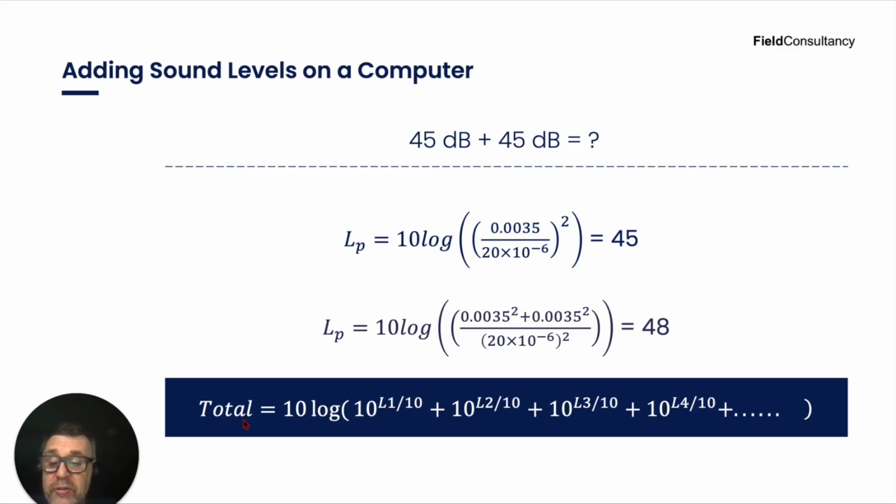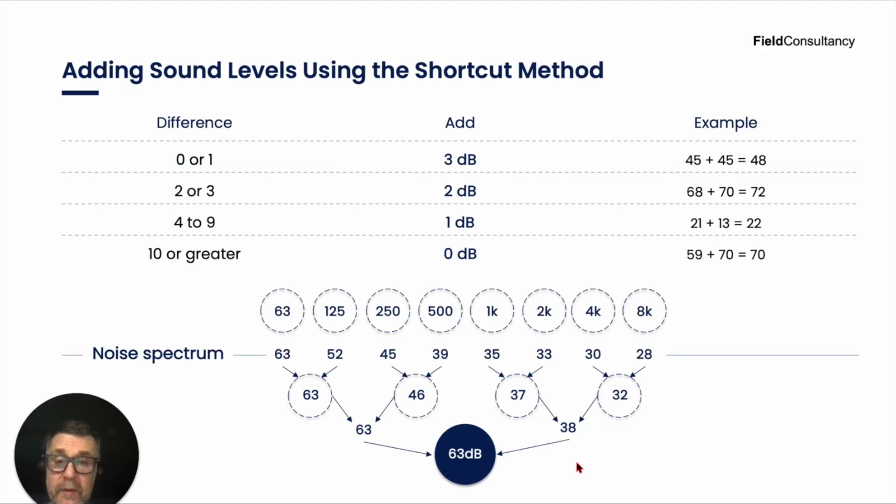The total sound pressure level of multiple sources would be 10 log of 10 to the power of L1, which is the first sound pressure level, divided by 10, plus 10 to the power of L2 over 10, plus 10 to the power of L3 over 10, etc. So it's a very long-winded way of calculating sound pressure level, which is easy to do with a spreadsheet or with a calculator. But when you don't have a calculator or a phone in front of you to do the logarithmic addition of different sound pressure levels, we have a shortcut method which is really convenient.